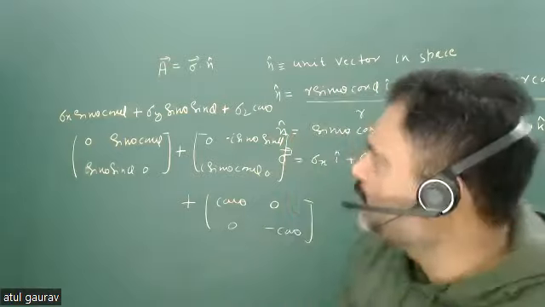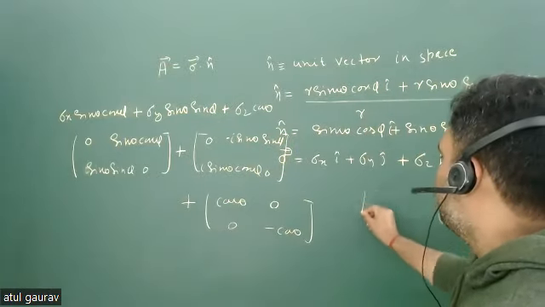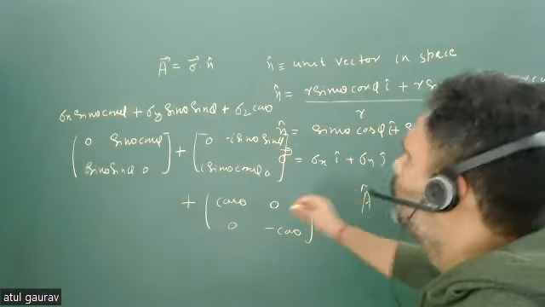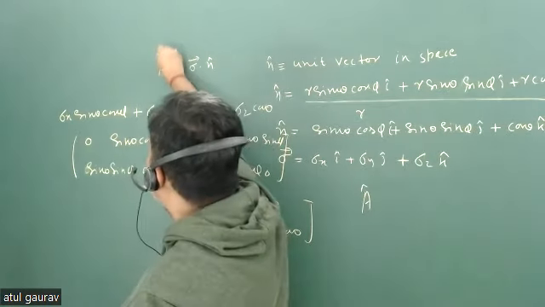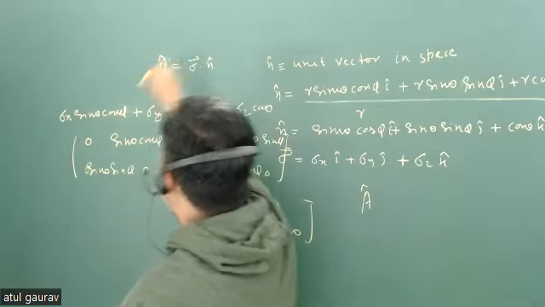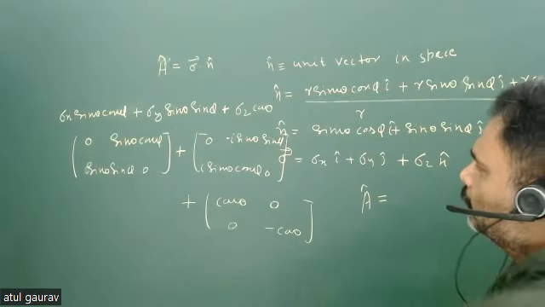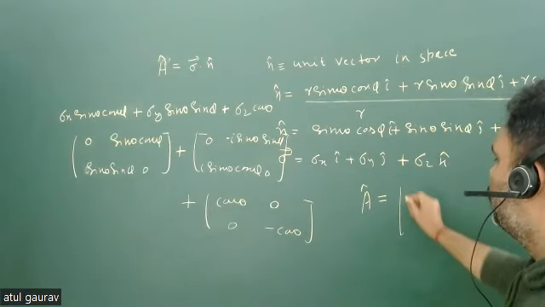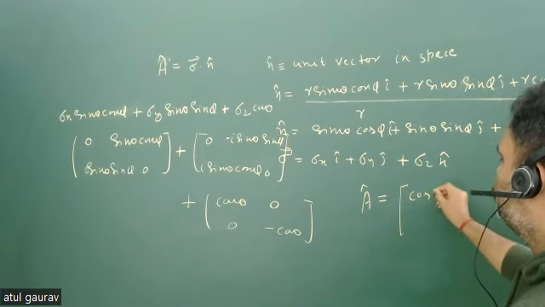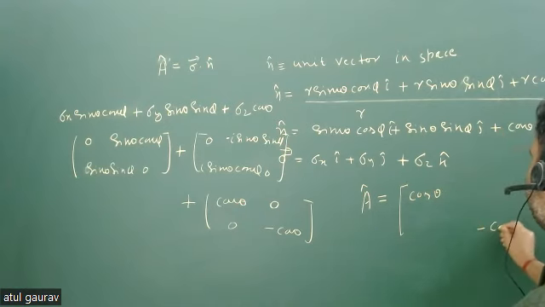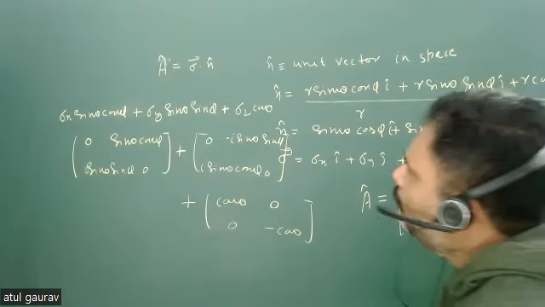So you have this A operator. Don't write vector, this is not correct. This is the A operator actually. So the diagonal terms are cos theta and minus cos theta. And what will the off-diagonal terms be?